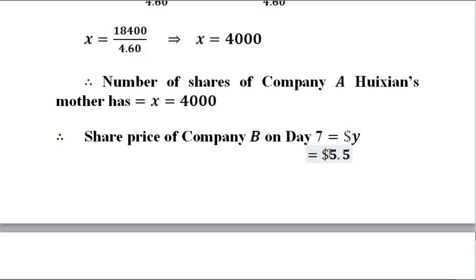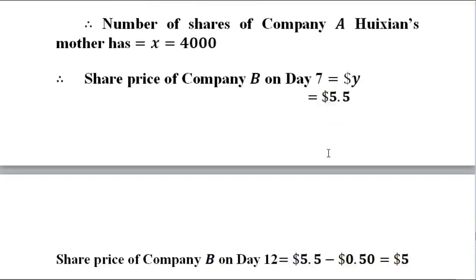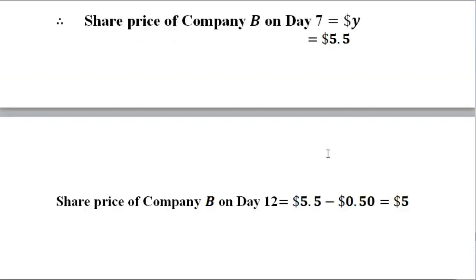But the second part of the question asks us to find the share price of company B on day 12. To do this, we will subtract 50 cents from $5.5, as it is mentioned in the statement of the question that the share price on day 12 is 50 cents less than that on day 7. Therefore, the share price of company B on day 12 is $5.